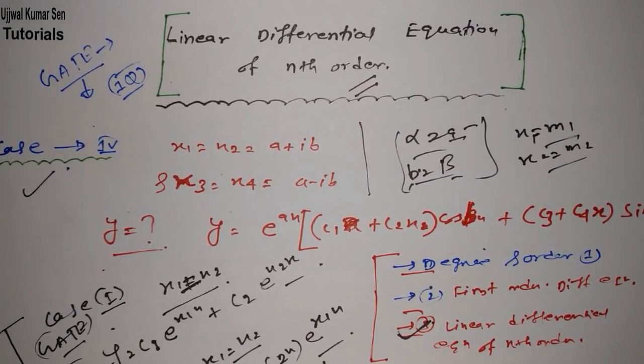Alright, so till now I have shared a lot of information about GATE, and I hope you got some inside information about GATE, at least for this topic, linear differential equations, and for nth order also.